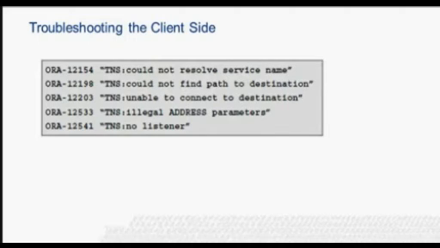In our tnsnames.ora file, verify that the service name specified in our connection string is mapped to a connect descriptor in the tnsnames.ora file. Also verify that there are no duplicate copies of the sqlnet.ora file. If we are connecting from a login dialog box, verify that we are not placing an @ symbol before the connection service name.